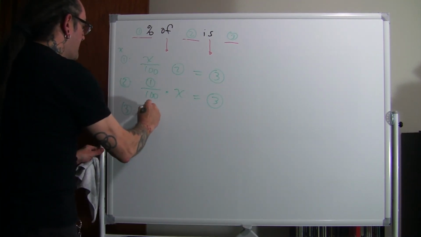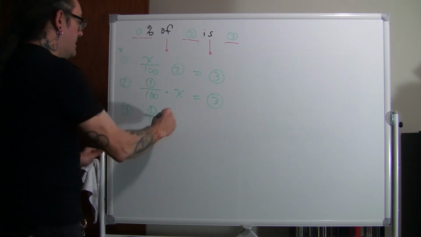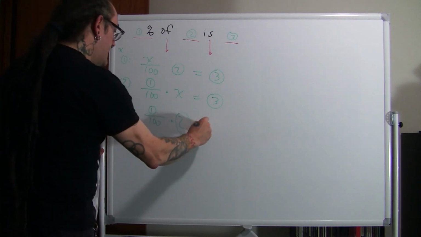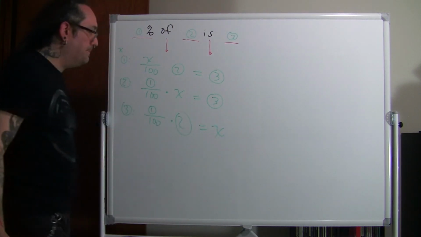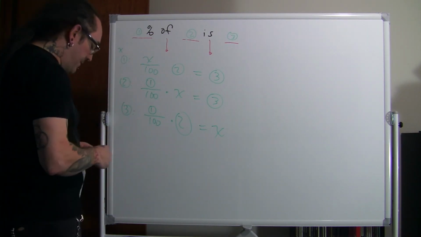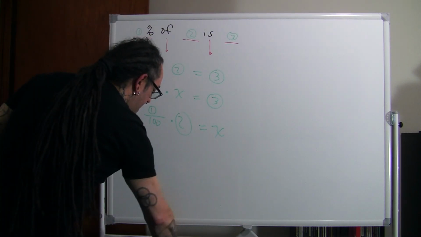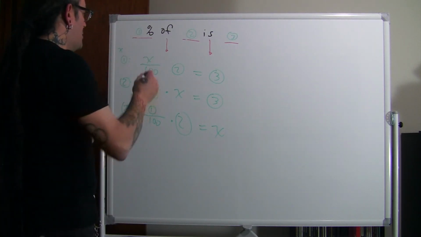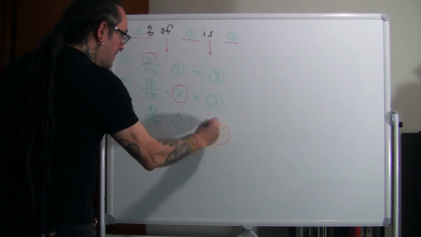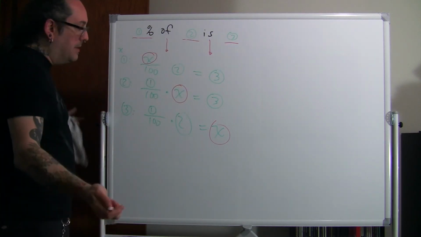So whatever the number at 1% times 2 is x. All right, so what we see here is that the x just moves in the equation to 3 spots, as I promised and as I showed. Here's 1, here's 2, and here's 3. And each of these corresponds to how we would handle this equation.